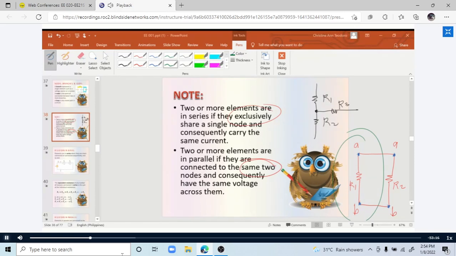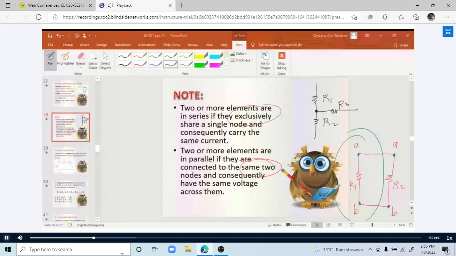Okay. So actually, I have a certain analogy when it comes to series and parallel connection. When it comes to series connection, do you know a couple, like your mom and your dad, or your siblings with their boyfriends and girlfriends?